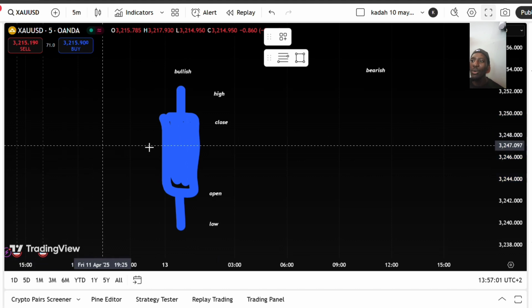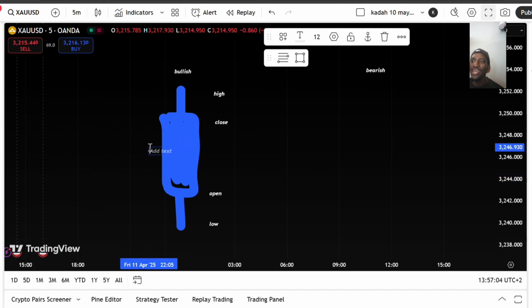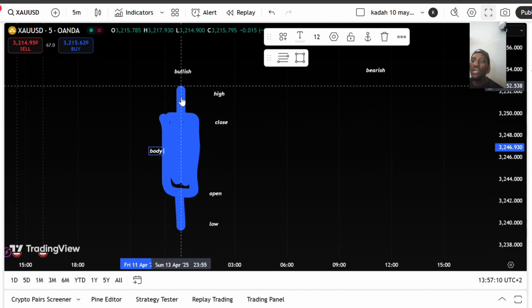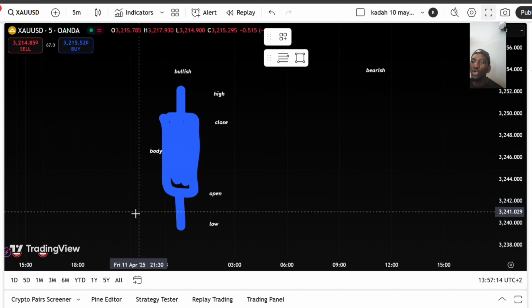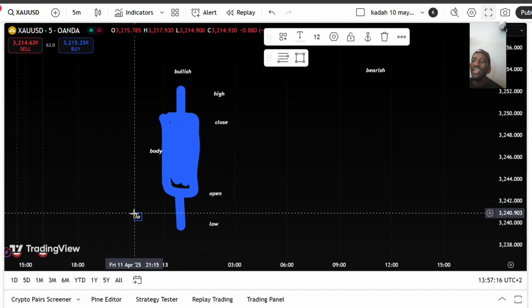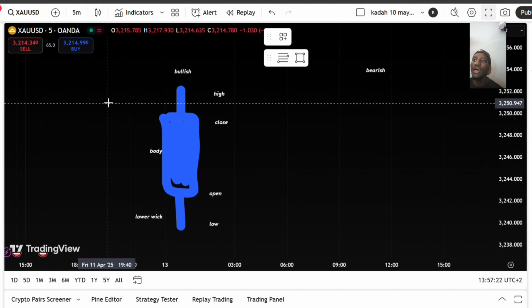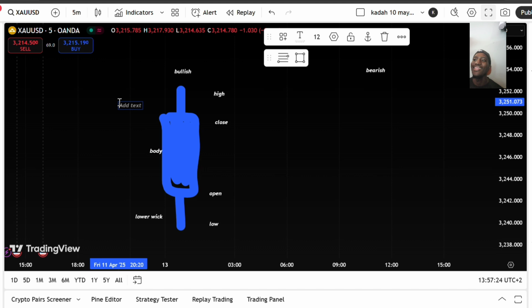Where I just colored is called the body of the candle. Between the open and the close is called the body of the candle. Then those upper and lower parts are called wicks, in other words, shadows. The lower part is called the lower wick, and the upper part is called the upper wick.